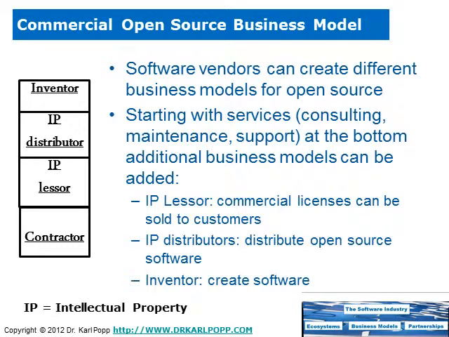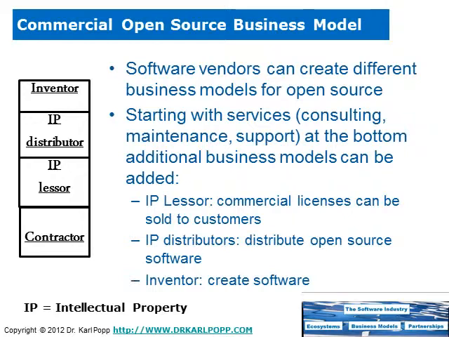If you look at the history of commercial open source business models, they certainly started with services, which is here the contractor business model, and with distribution, which is the IP distributor model, and of course also with the IP lessor business model that allowed commercial companies to license software under an open source license to customers.